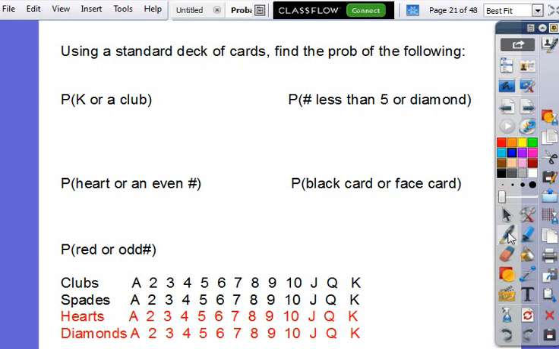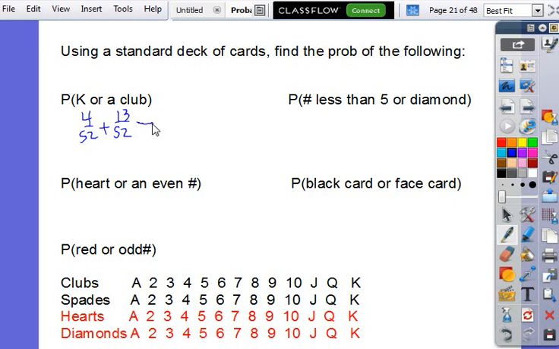King or club, can they happen at the same time? Yes. So it's overlapping, which means I do the first thing. The probability of a king is 4 out of 52, plus the probability of a club, 13 out of 52, minus how many are kings and clubs at the same time?